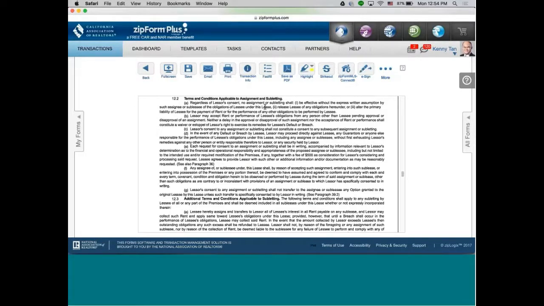All that means is, even if they approve the assignment or sublease, they want to make the assignee, who is the new buyer or someone to whom you assign the lease, assume the lease. Okay? And then it says here, release the lessee of any obligations hereunder. Okay?